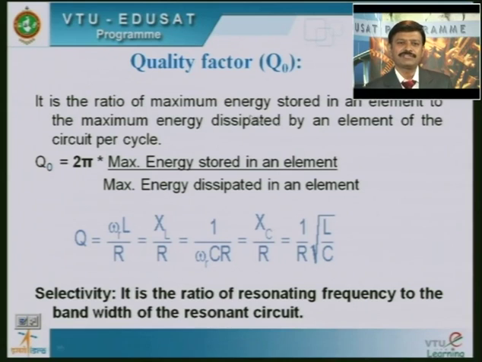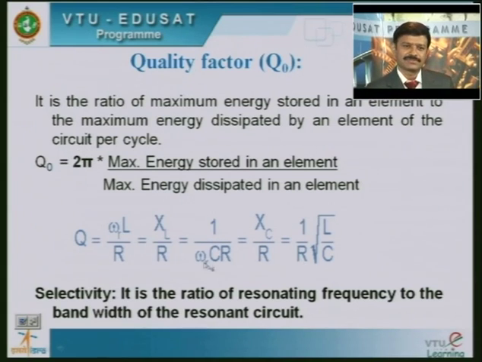We are computing the quality factor for one full cycle: maximum energy stored in an element divided by maximum energy dissipated in an element, multiplied by 2 pi. So, quality factor can be computed with these expressions.